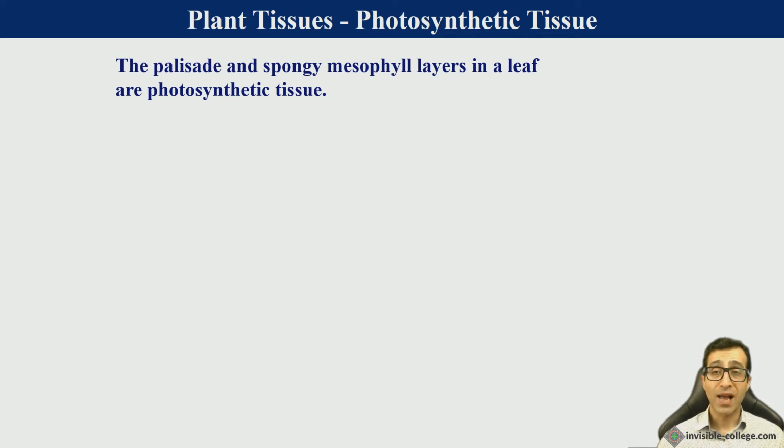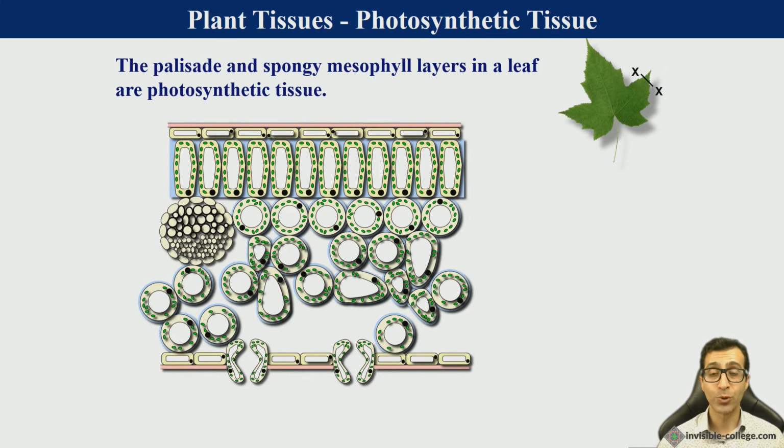So, for example, we have the photosynthetic tissues, examples of which are the palisade and spongy mesophyll layers in the leaf. You will have seen diagrams like this all the way from GCSE biology onwards, or perhaps even earlier. This is a section through a leaf as viewed under a microscope. Here we can see the palisade mesophyll layer.